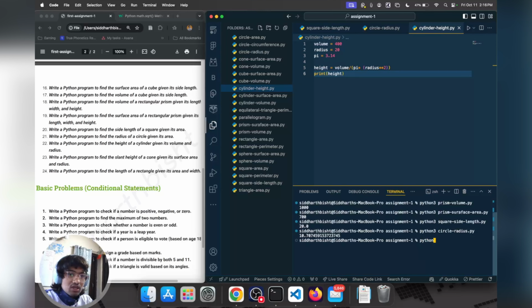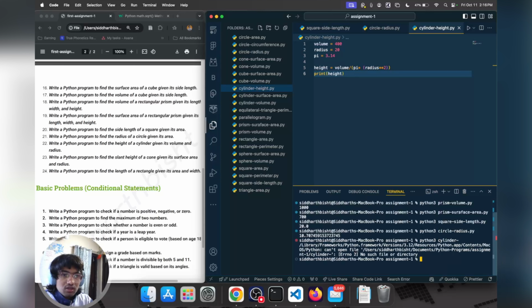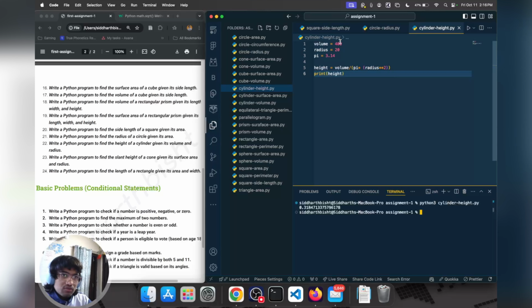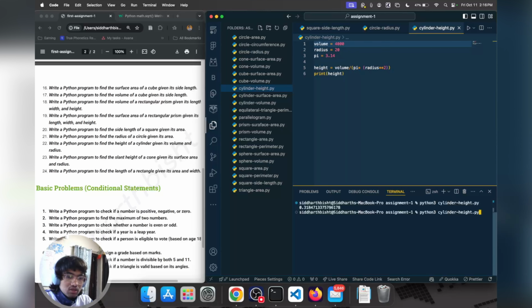And as soon as I run this program, python3 cylinder_height.py, I will get its height. I think it's coming very less this time. Let's take this more. Okay, we got some. Next one.